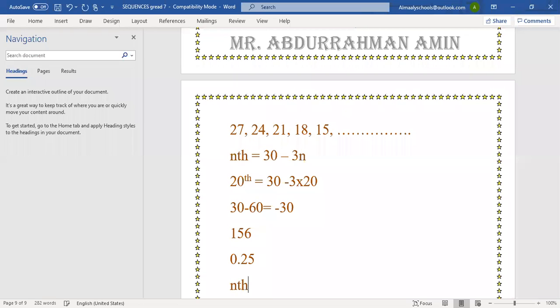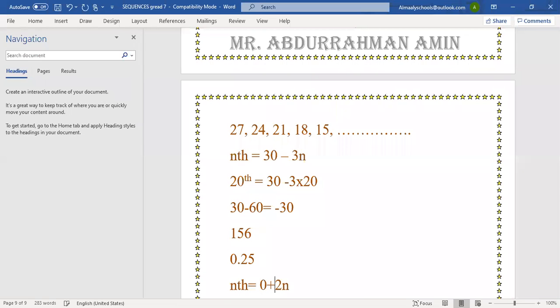The nth term is 0 plus 2 what? 2n. Who said n? Excellent. So the nth term is 2n.